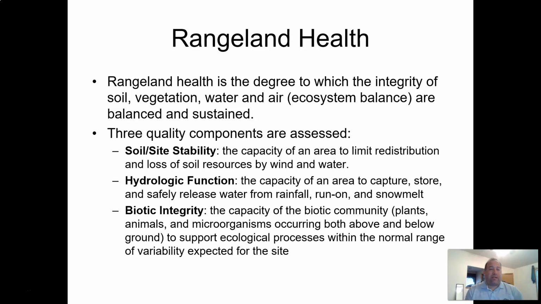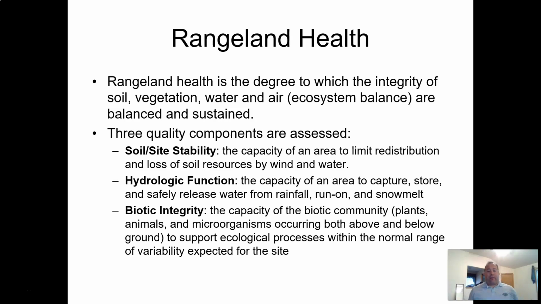So what does our aquatic ecosystem look like within these rangeland areas? Do we have a good amount of groundwater? Are we getting a lot of surface runoff? How does the whole hydrologic cycle look? Where are we getting our precipitation from? Do we have lentic and lotic systems? That whole thing would play into our hydrologic function.